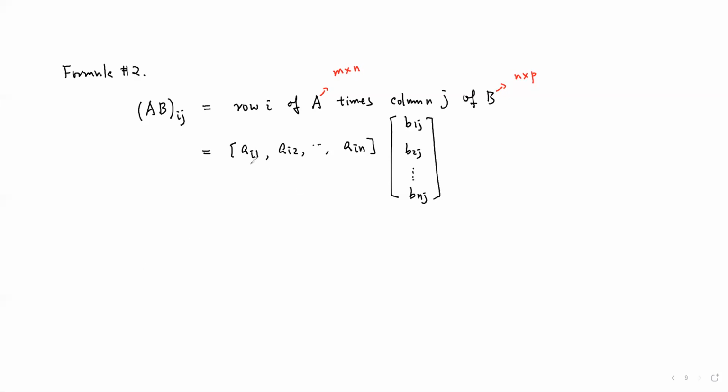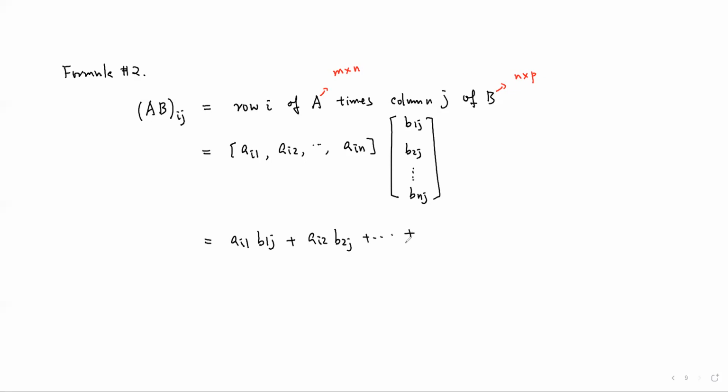Now this row times this column means the sum of the products of the corresponding entries. So AI1, the first entry, times B1J, the first entry of this column, plus AI2, the second entry, times the second entry, and so on.